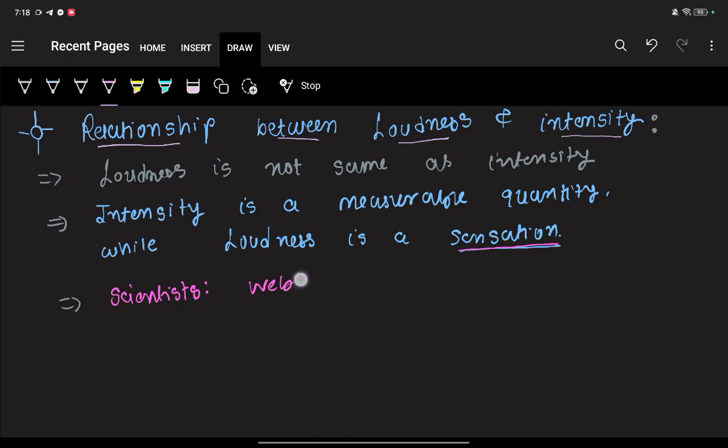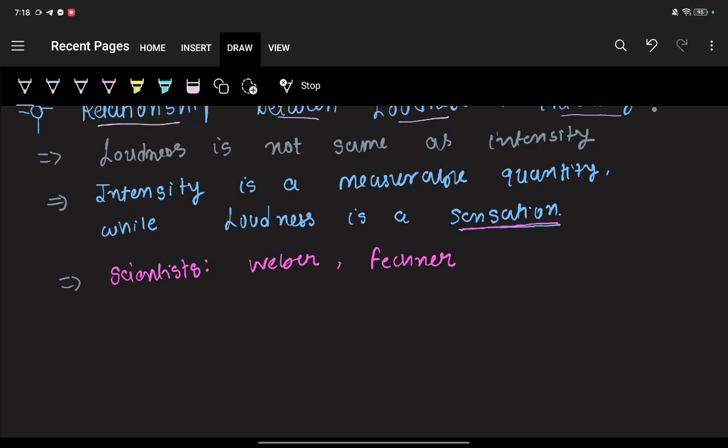They established a relationship between loudness and intensity, and it is given by L is equal to K log I to the base 10.